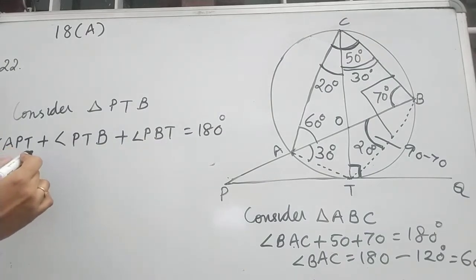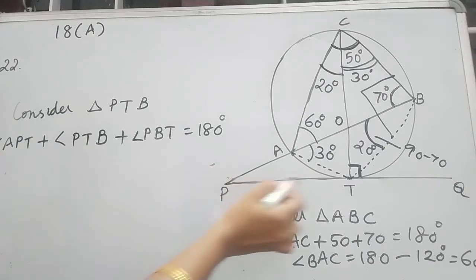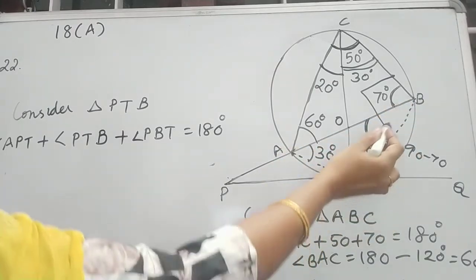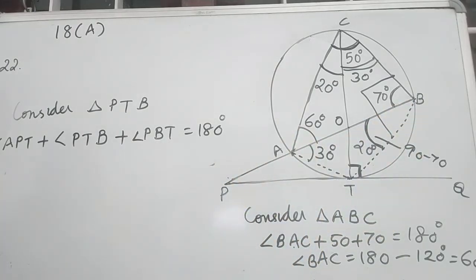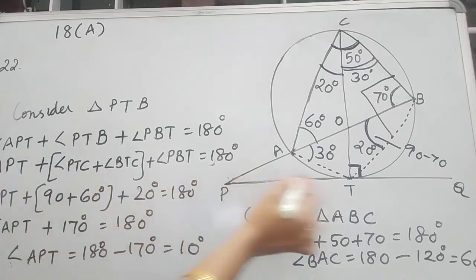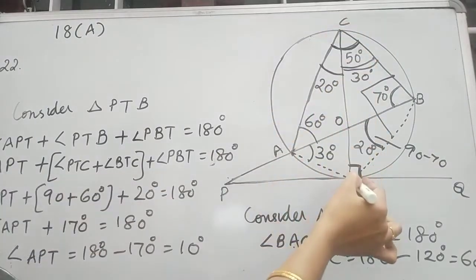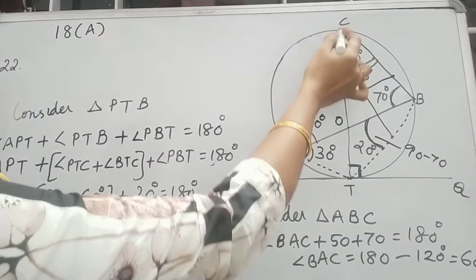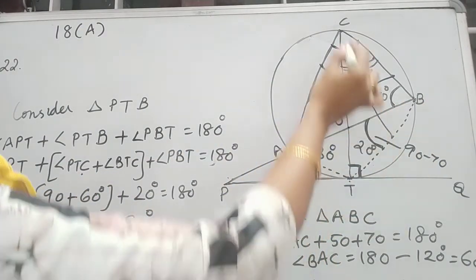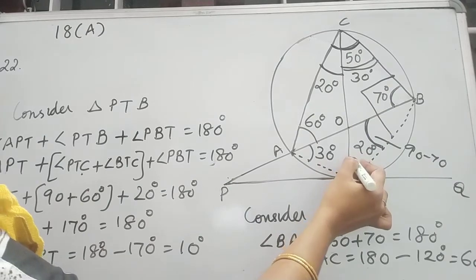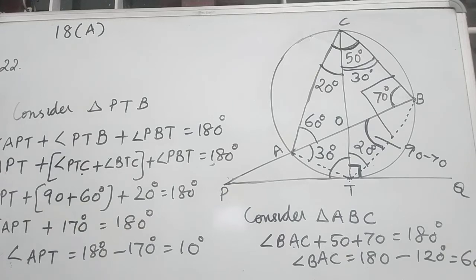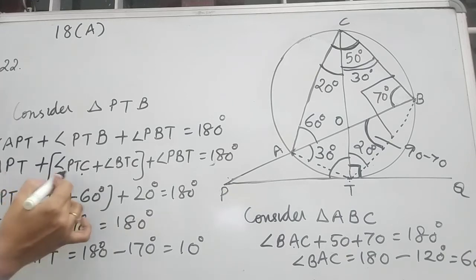So angle APT plus angle PTB plus angle PBT is equal to 180 degrees. Split PTB as PTC plus BTC.